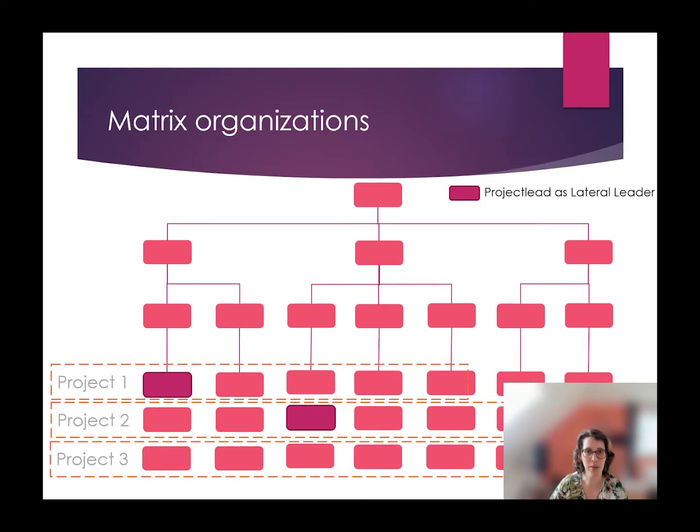So this is where you start to have a matrix organization, where within a project, multiple people from different departments are united together to form a project. And usually you also have project leads as lateral leaders. So this means this is someone that is not necessarily on top of the hierarchy, but just sits in between and is taking over the leadership.